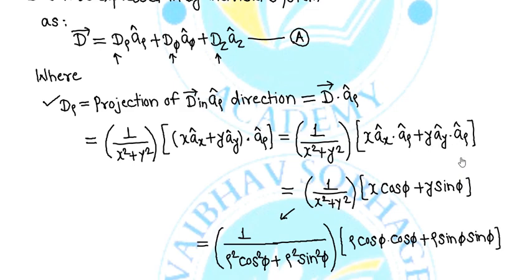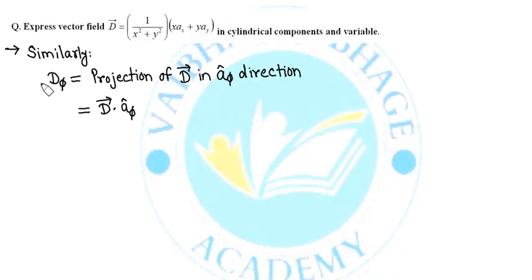So we will move on to this d phi component. Now we have the given vector d having the dot product with phi. Now we are going to write the given vector d as we have written in the previous part.